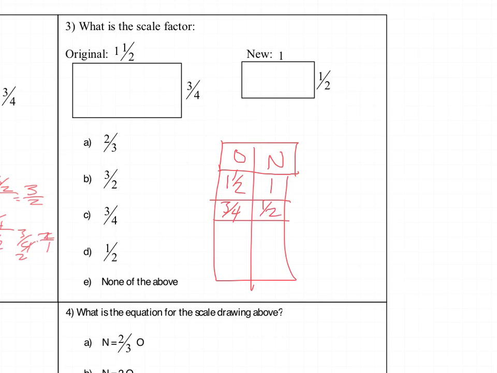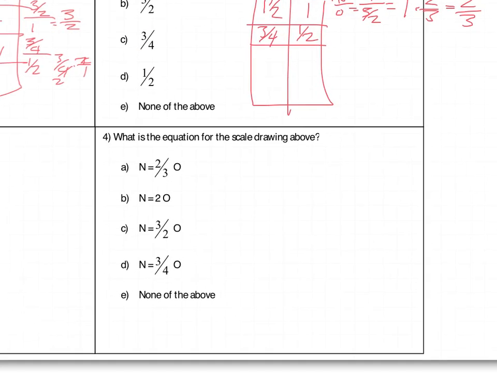So our new over our old is equal to 1 divided by 3/2, which means we have 1 times 2 over 3, which gives us a scale factor of 2/3. Which means if we come down here and look at our equation, new is equal to 2/3 of the original. So just a quick look at that, make sure that we have that right. We need to have that understanding before we move forward with our work for today.